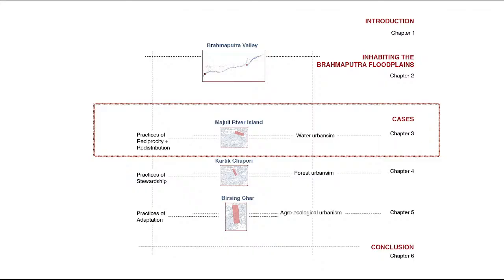But today I will bring up some of the drawings of Majuli, because of all 3, it's the most well known, and I think you will recognize certain things. But Majuli has also been studied so much that I wanted to show how we can look at it from a different angle, and maybe that will give you some inspiration for your own work.